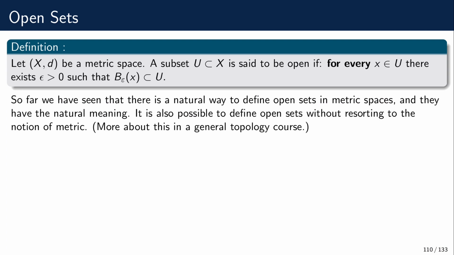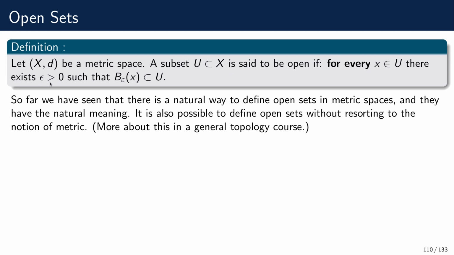Okay, so again, the definition of open sets in a metric space. Let (X, d) be a metric space. A subset U of X is said to be open if for every point x in U we can find a positive epsilon.